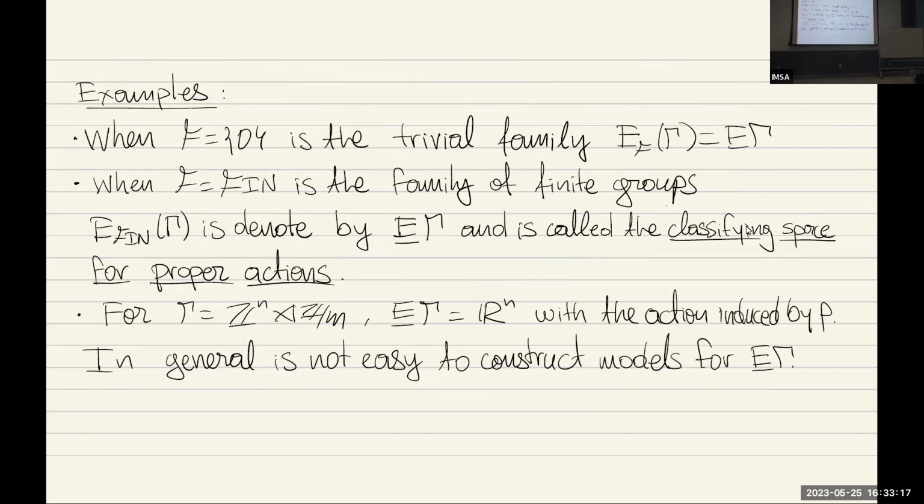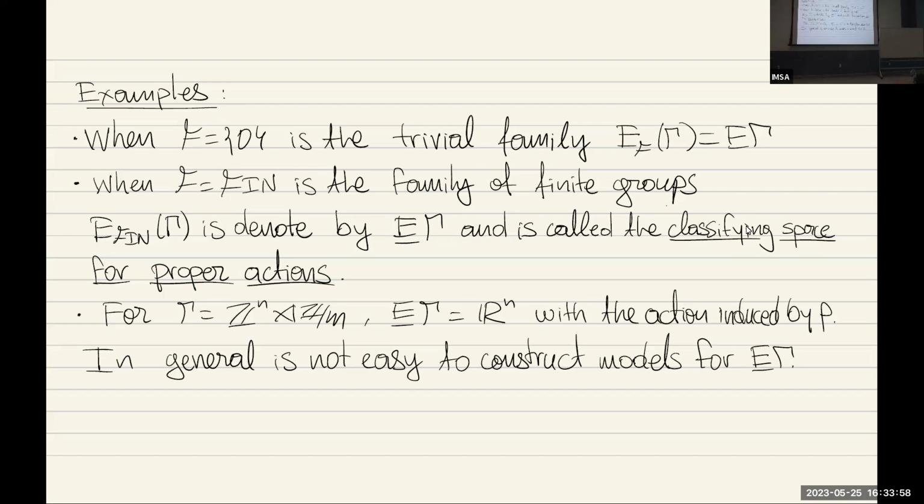Some examples: when F is the trivial family, then the classifying space for F is just the usual classifying space. And when F is the family of finite subgroups, this E_fin gamma is denoted by E-bar gamma, and is called the classifying space for proper actions. For gamma our group Z^n semidirect product with Z over M, the classifying space E-bar gamma can be taken as R^n with the action induced by the matrix rho.